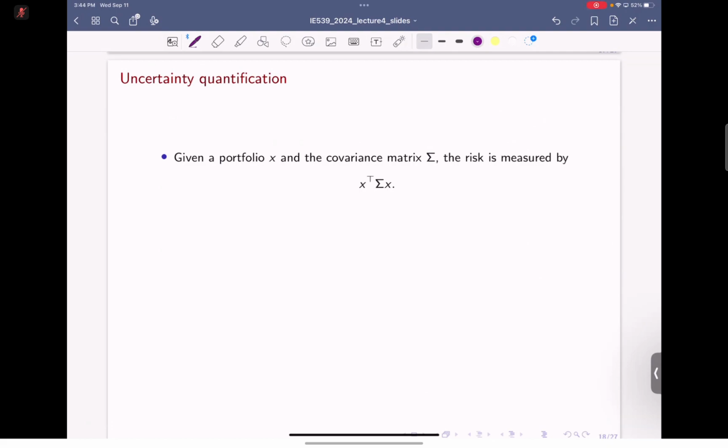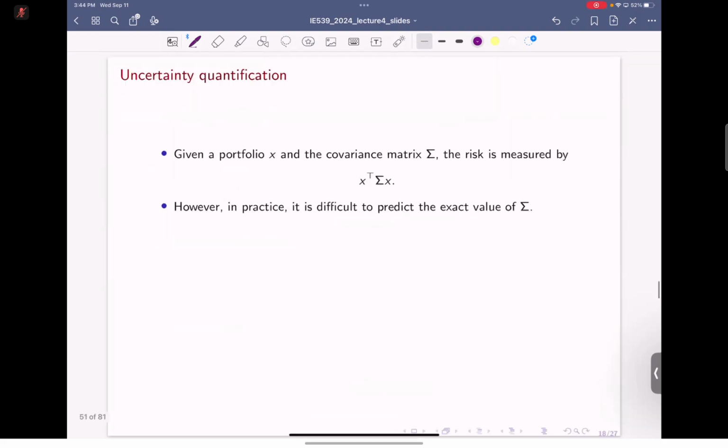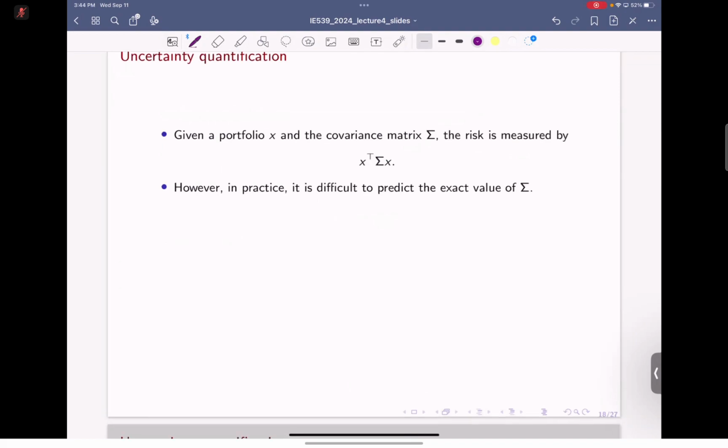So the problem is the following. We have a portfolio X, and we have the covariance matrix. Then the risk is measured by this quadratic term X transpose sigma X. But this is some random value that we don't really understand. If you understood the financial market with complete knowledge, then you could get a high profit, but that's not the case in practice.